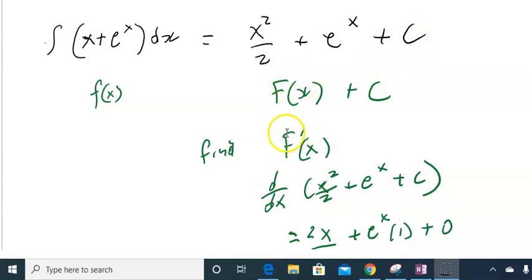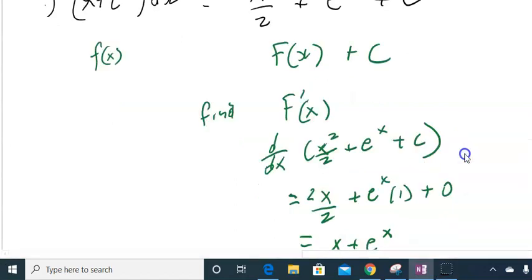So we want to find the derivative of uppercase F of x, so that's uppercase F prime of x, which will be equal to d dx of x squared over 2 plus e to the x plus C. We take the derivative, using the power rule, of x squared over 2. That will bring the 2 over, so that becomes 2x raised to the 1 over 2, plus the derivative of e to the x, which is e to the x times 1, which is just e to the x.